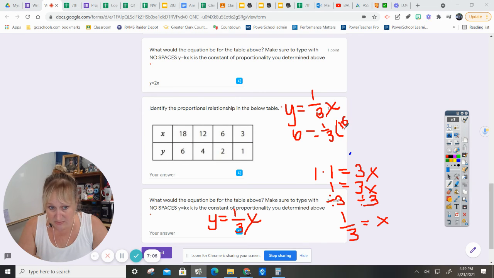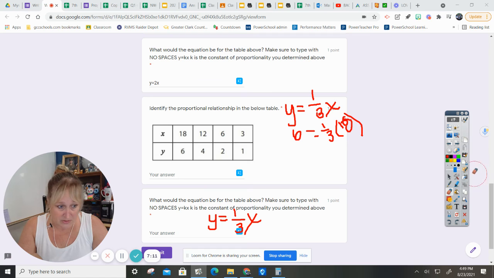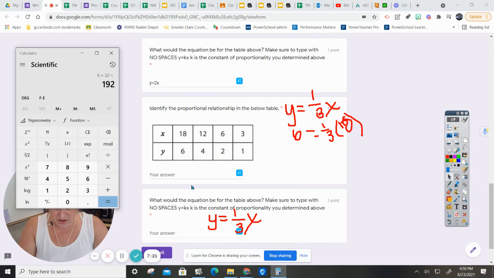See how I'm writing that in? I'm going to erase this so that I don't stress kids out. Does 6 equal 1/3 of 18? Well, I'm going to prove it. 1/3 just means divided by 3, right? So 18 divided by 3 is 6. So 6 does equal 6.